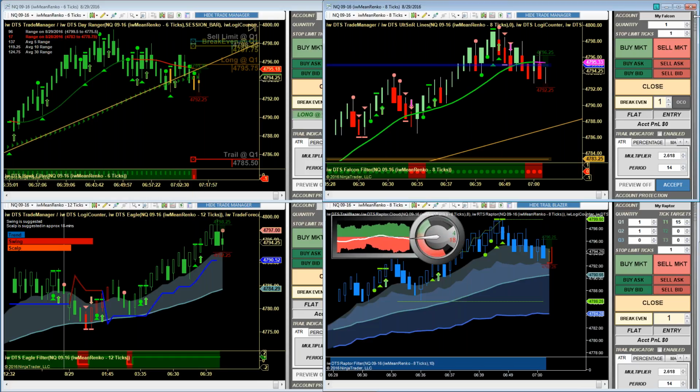Okay, more yellow bars, confirming the support that we were already looking at.